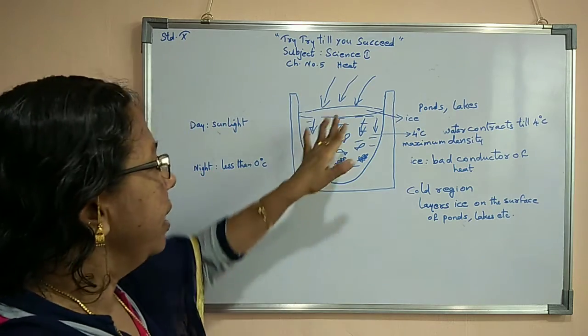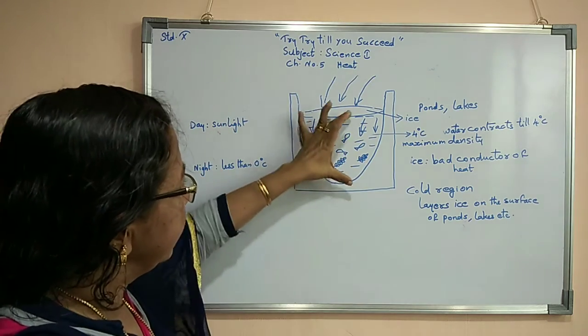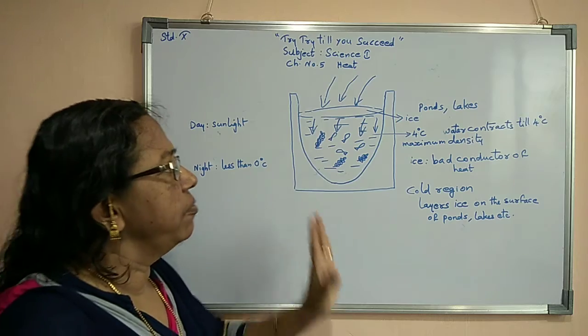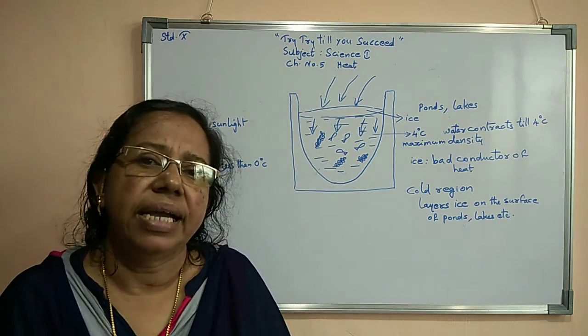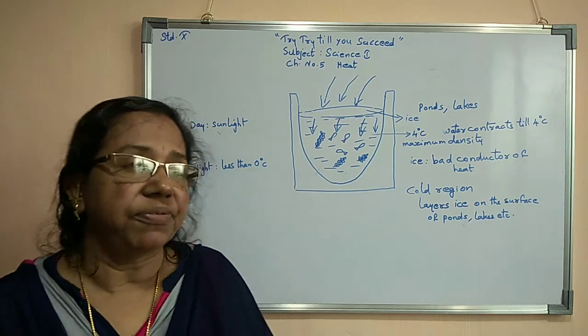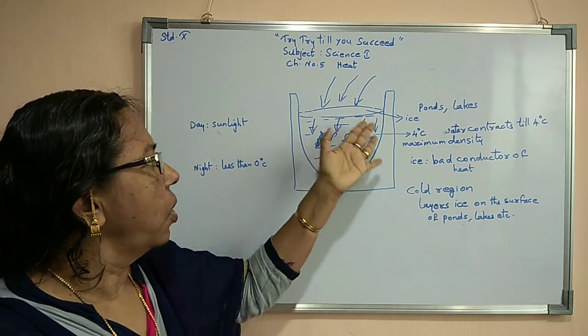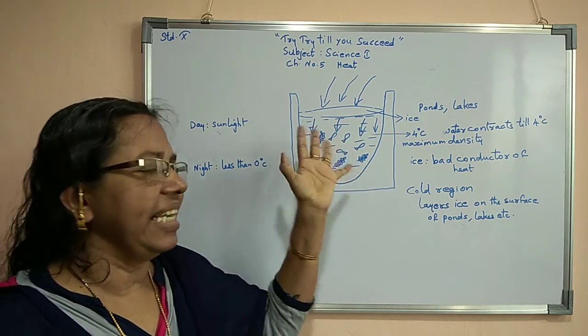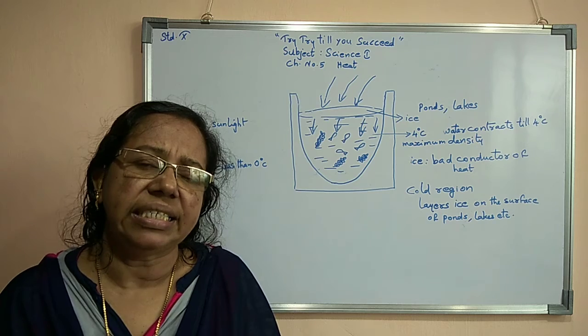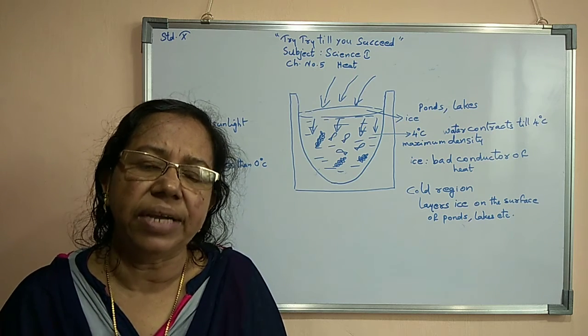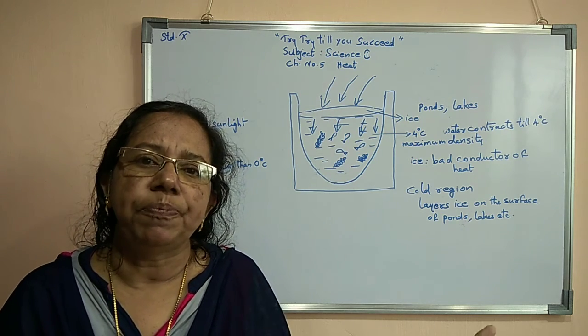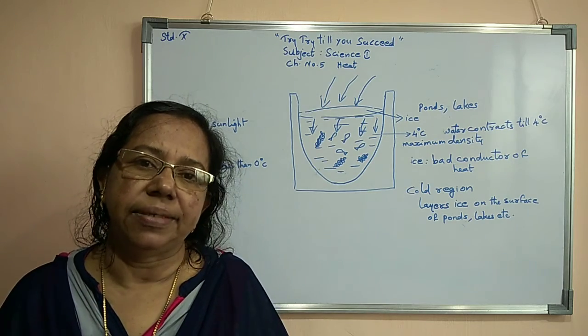As a result of it, night time full this downside water will remain as water only. Because of that, the organisms or the living things which are there inside the ponds, lakes, etc., they survive. They won't get any problem during winter season.